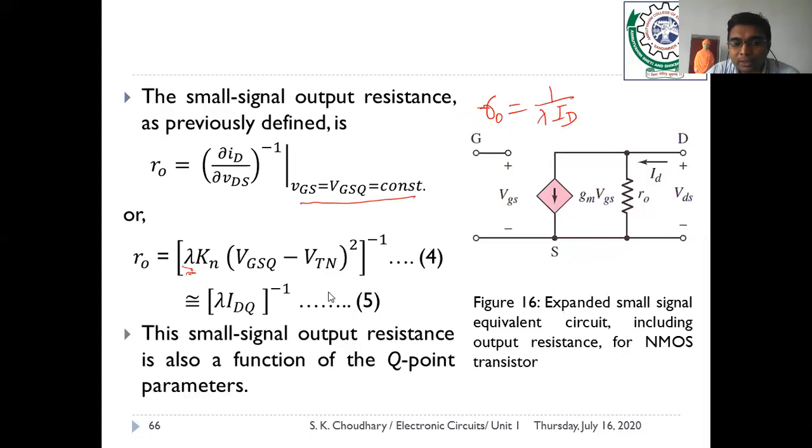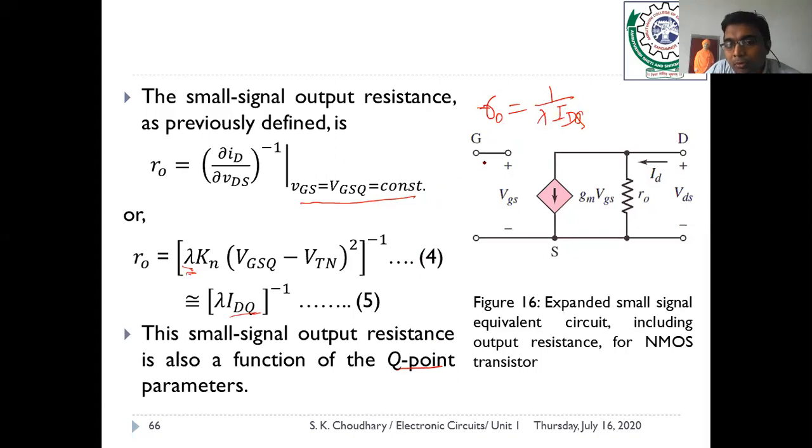The small signal output resistance is also a function of output current, and there is an inverse relationship, as well as this output current is the Q point current, the quiescent current. So you can say that it is a function of the Q point parameter. So finite output resistance is a function of the Q point parameter.